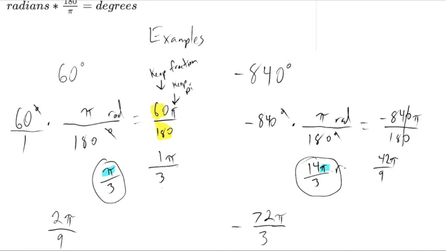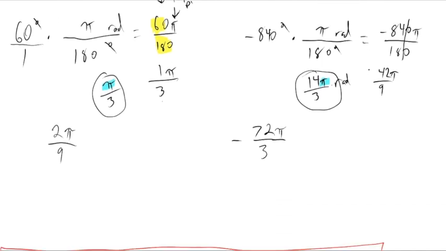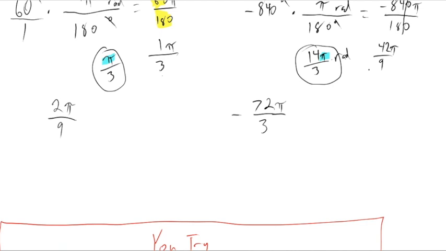Typically, if you're talking about an angle and you see pi, they are talking about radians, so it's just typically dropped. If there is no pi, then you still see the radian unit next to it. For example, if I didn't write pi with this 2, then it's just 2 radians. So you just need to understand that if you see a pi, we're talking about an angle, we're talking about radians.